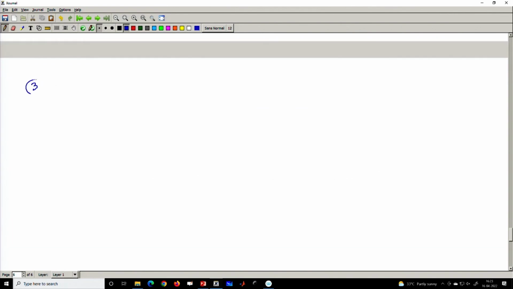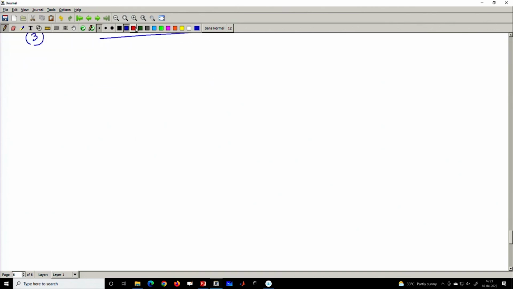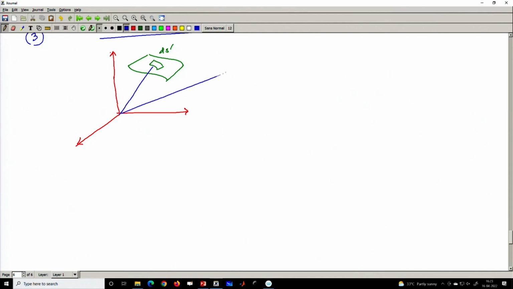Next, in a similar way, in case 3 for surface charge, I have a coordinate system and then I have a small surface element here which we call ds prime, and like before we have these coordinate points.